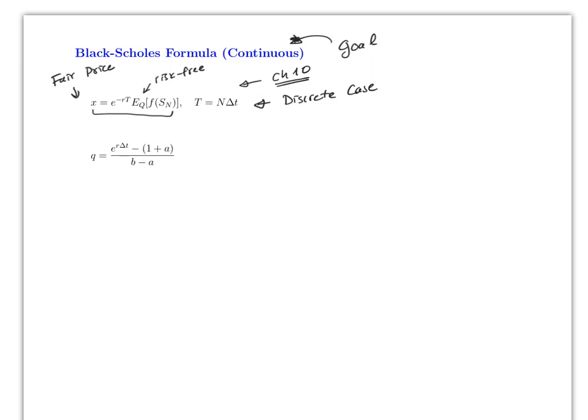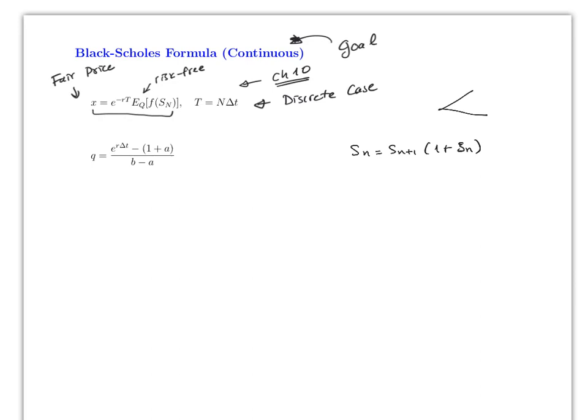Remember that Q was called the martingale measure or the risk-free probability, and Q was defined to be like this. Remember we were using before the model that looked like this, which is the one we'll be using all along.